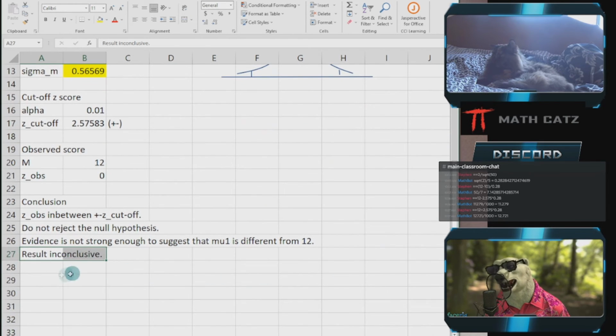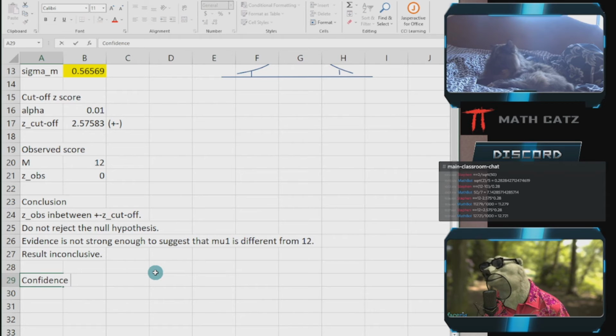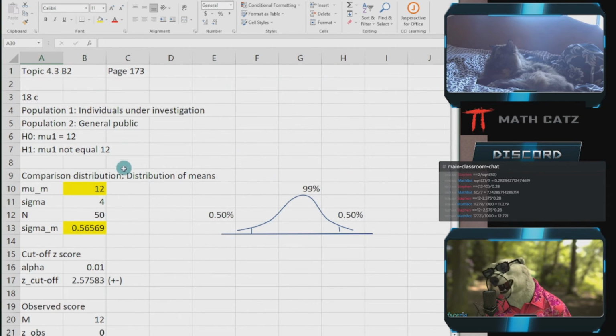All right. So they want an extra bit here, which is the confidence interval. Here it is a little strange perhaps, but we'll go with it. When the sample mean is exactly the same as the population 2 mean, it's not quite what I'm used to.